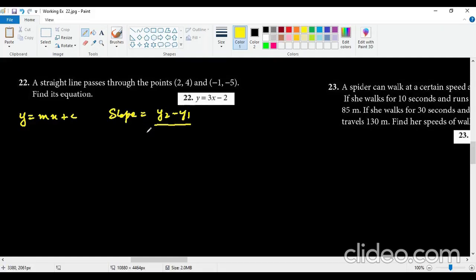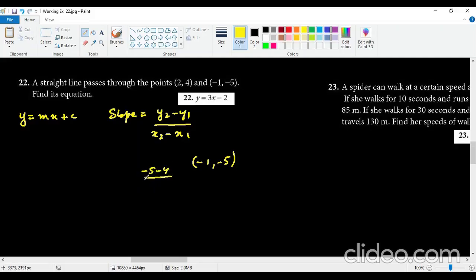So in here we find out the value of minus 4 and minus 2. The second point I'm using here is minus 1 and minus 5. So I'm using minus 5 minus 4, and x2 minus x1 is minus 1 minus 2.